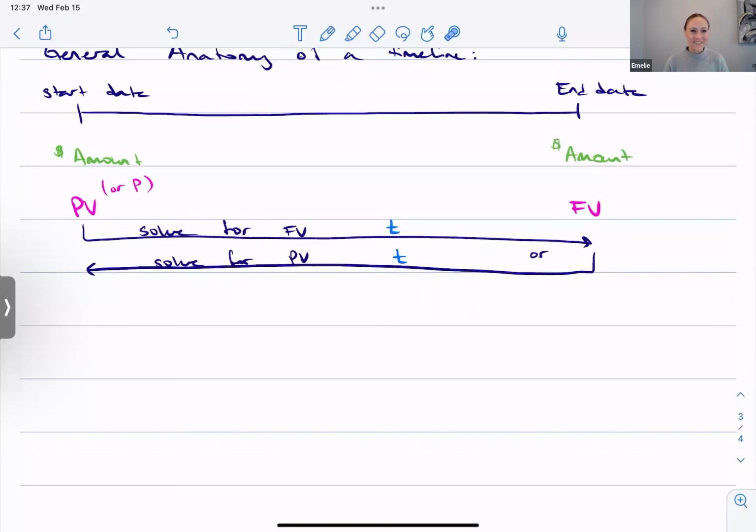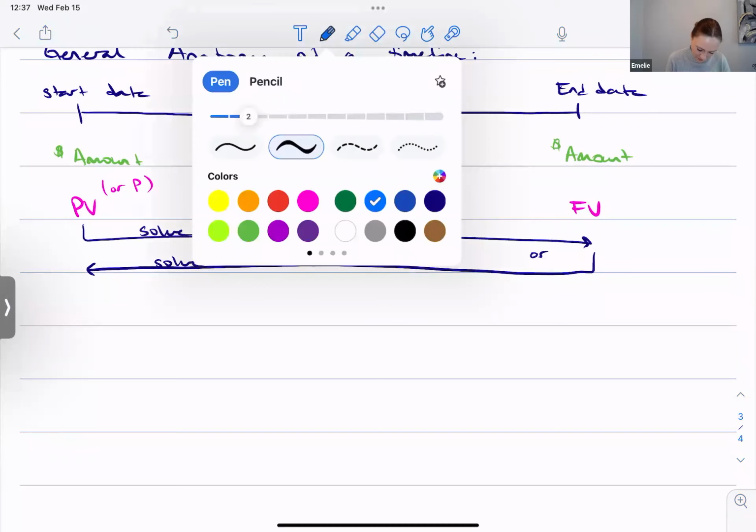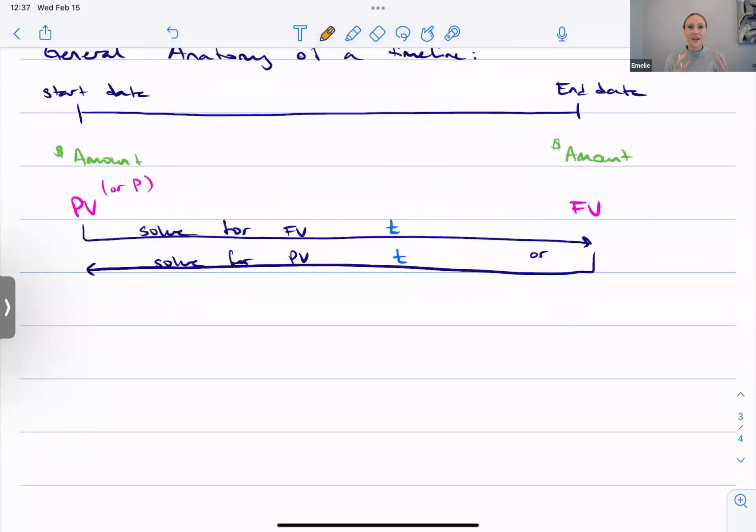All right. And then the last part here that we're going to jot down, just kind of anywhere on here, if you have different rates, maybe you have one rate for one timeline, one rate for another one, then I would put it on the line.